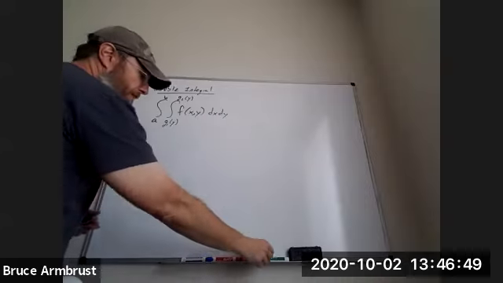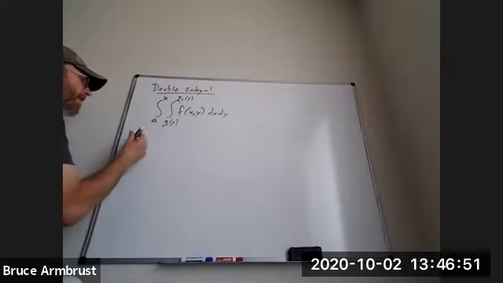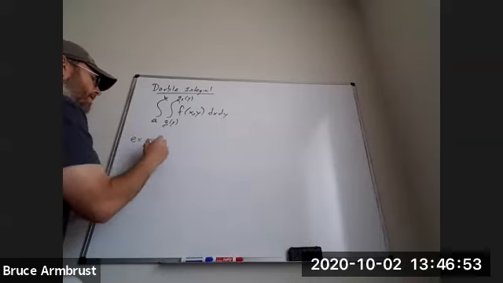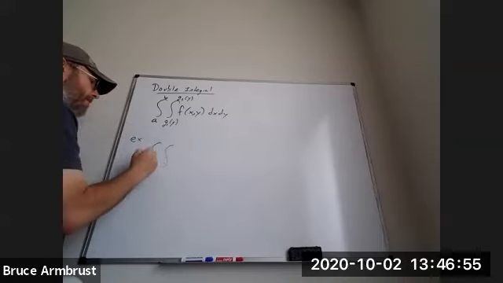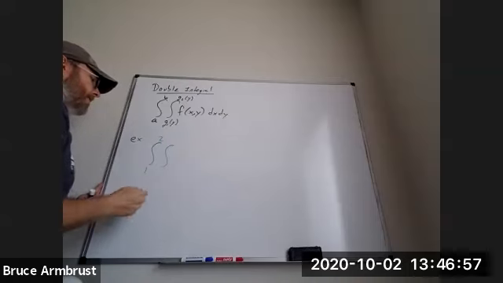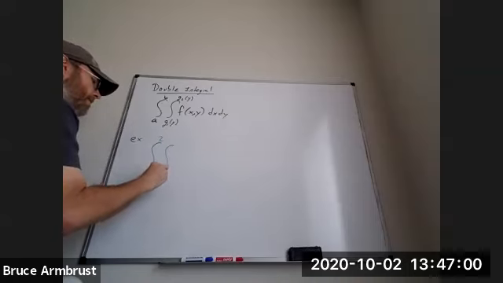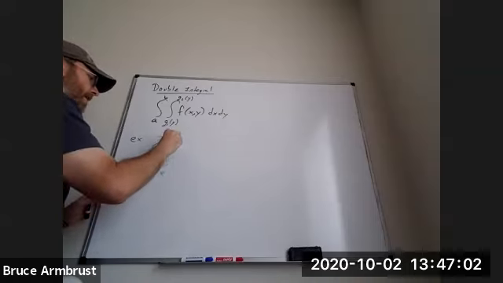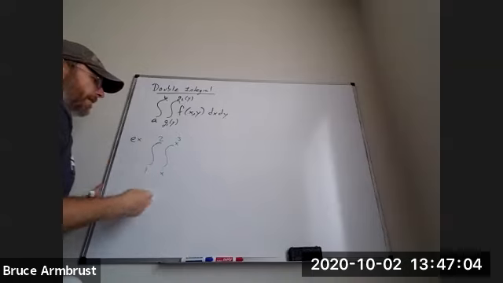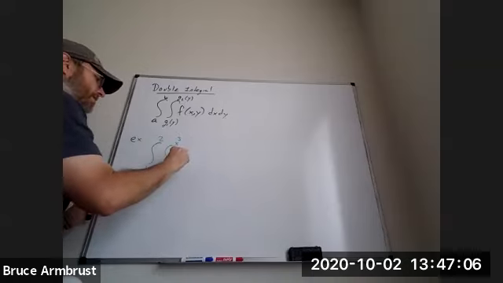Let's actually do one just to refresh our memory on how these things work. So let's say we're going to integrate from 1 to 2, and we're going to integrate from x to x cubed. And let's say that the function that we're integrating is xy squared.